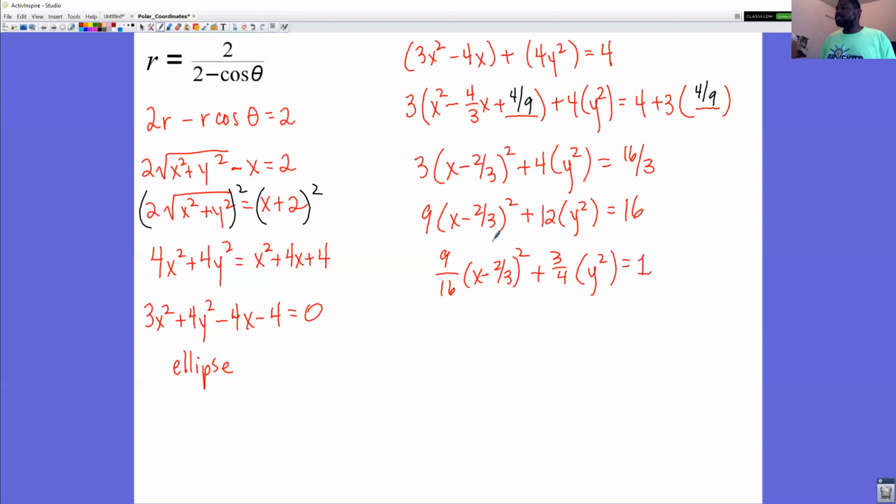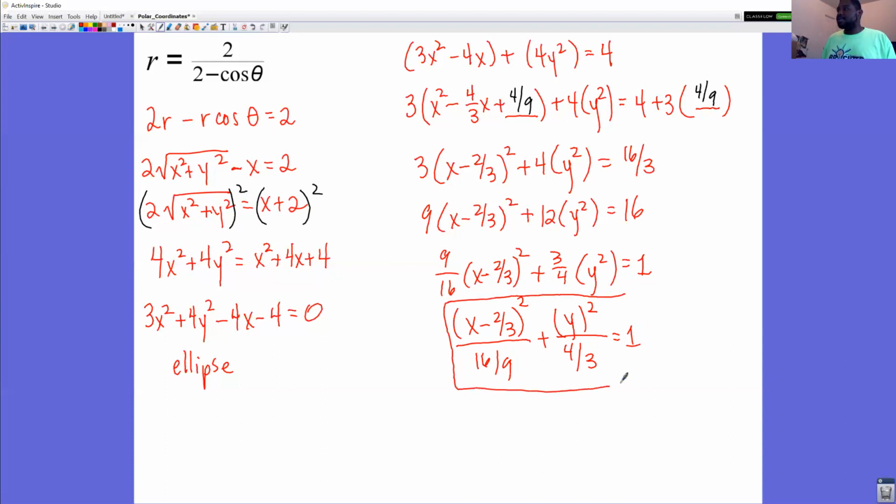But then I'm going to take the reciprocal of each of these, and that's going to give me (x minus 2/3) all squared over 16/9 plus y squared over 4/3 equals 1. So there is the ellipse in standard form.